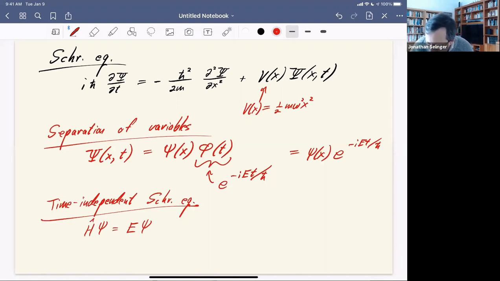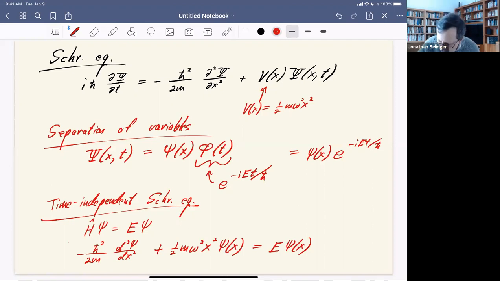And in this case, that means that minus h bar squared over 2m times the second derivative of lowercase psi with respect to x, plus 1/2 m omega squared x squared times psi of x is equal to E times psi of x.